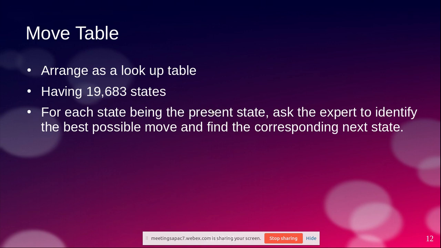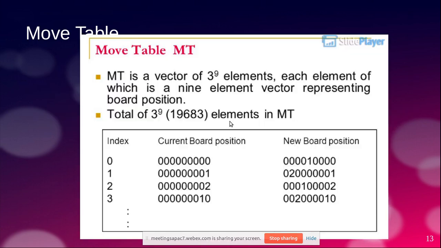But let me give the task of presenting all these 19,683 states to me and asking me which should be the best move. It is your headache to find all those 19,683 options of the 3 by 3 board, and then one by one show me the best option I should select, and keep noting that. Once that is done, this table is ready.